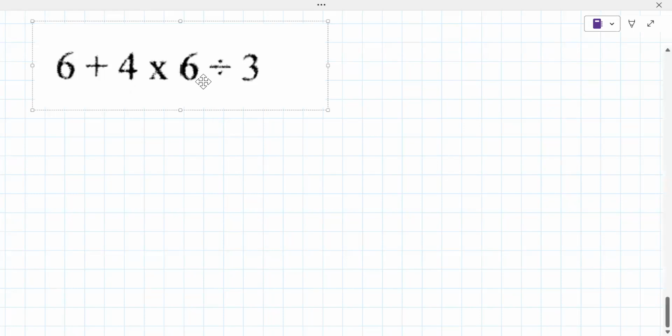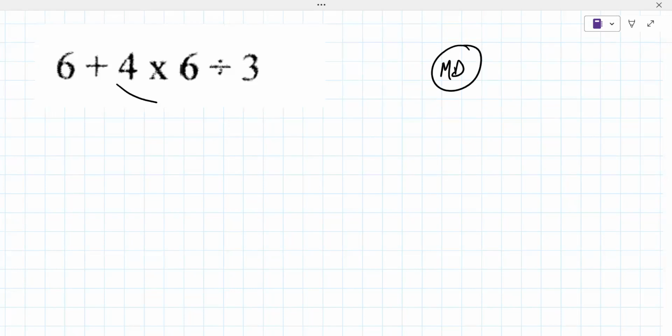So here you've got multiplication and division. Whenever you have multiplication and division, you do them left to right. So you first need to do 4 times 6.